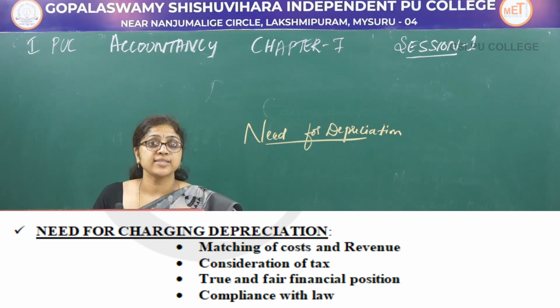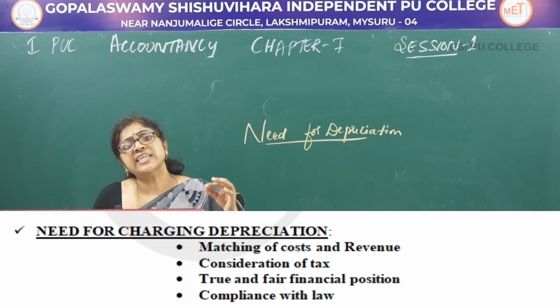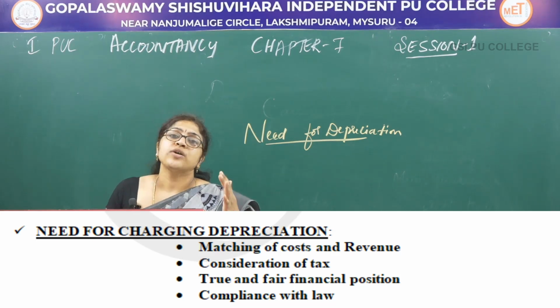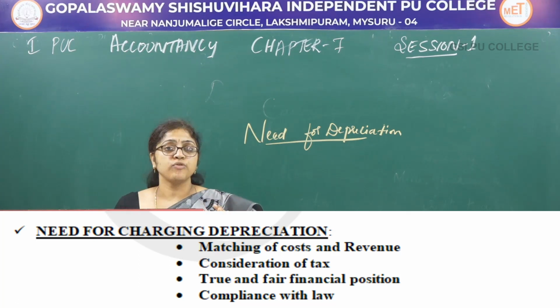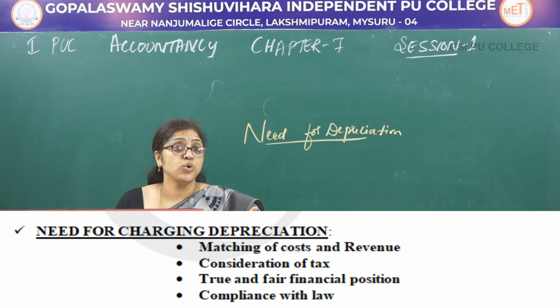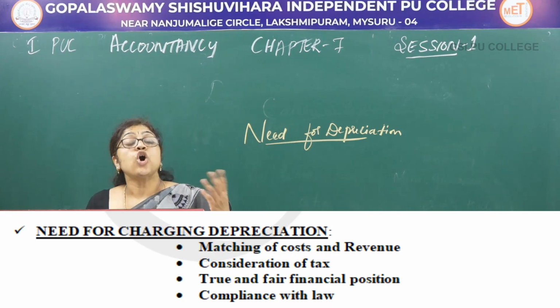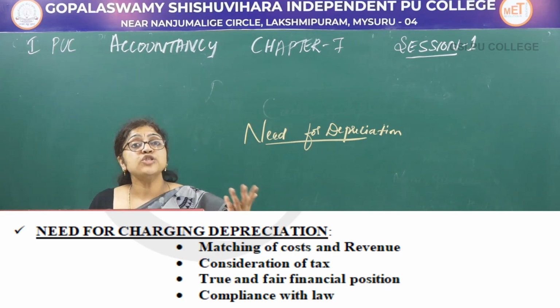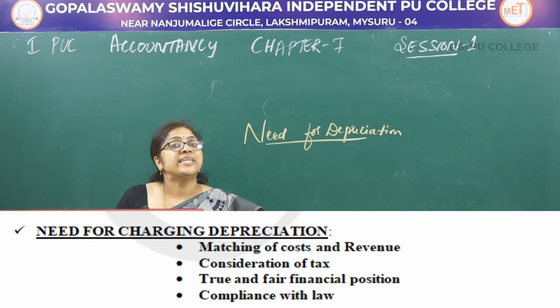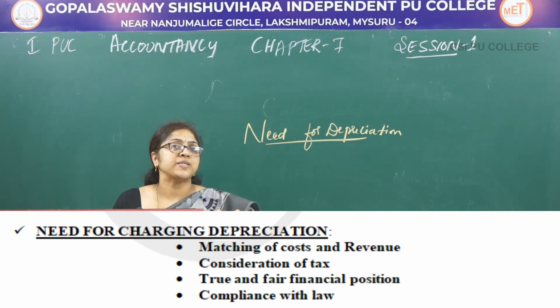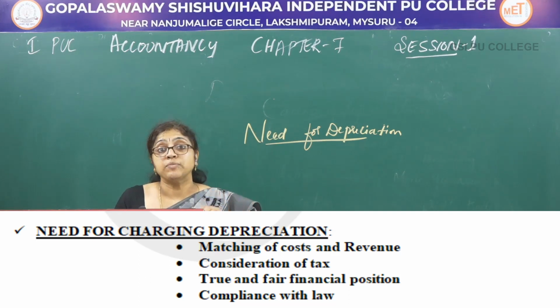Next one is tax. Depreciation is a deductible cost for tax purposes. If depreciation is not charged, the profit and loss account will show more profits. Then the organization is required to pay more tax on the profit. So it is an admissible expense as per the income tax.